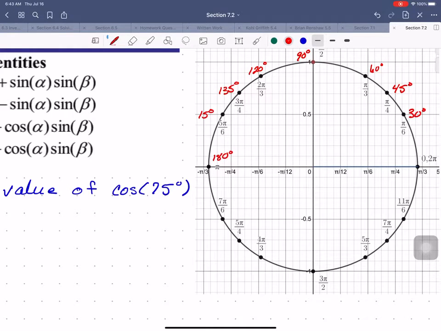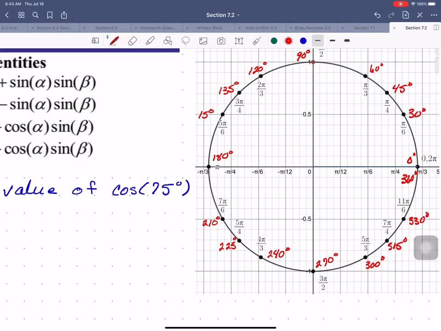We don't really need to, but since I'm here, 225, 240, 270, 300, 315, 330, and of course 0 and 360.